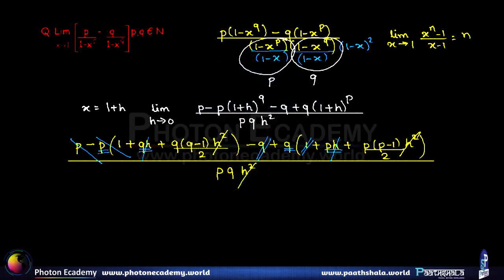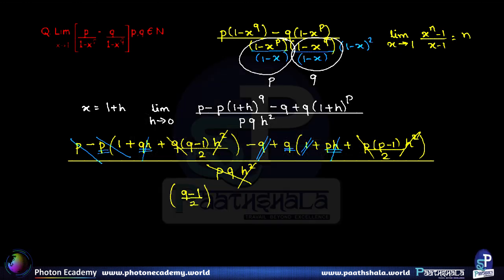So at the end of it we are left with only minus of (q minus 1) upon 2 plus (p minus 1) upon 2.